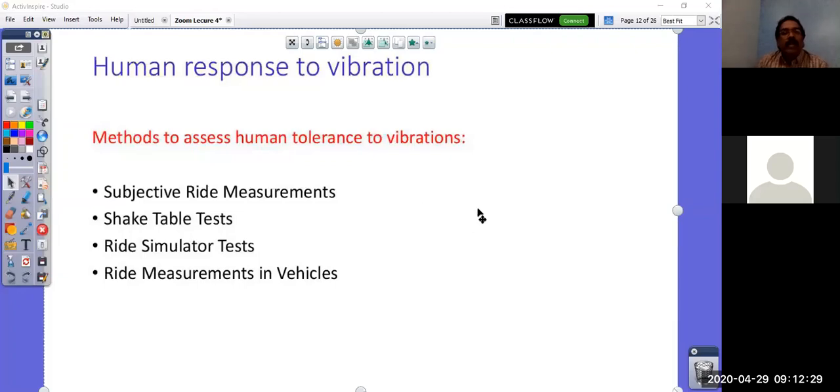So we were looking at this human response to vibration. One of the fundamental importance of understanding, or going ahead with, this vertical dynamics. So it is very complex to have a quantitative measure of this human response for the vibrating vehicle. So that can be traditionally done by subjective ride measurements.